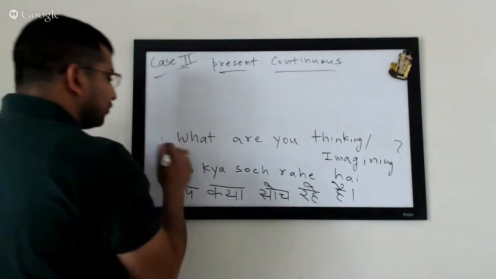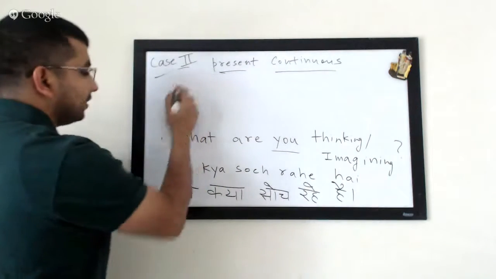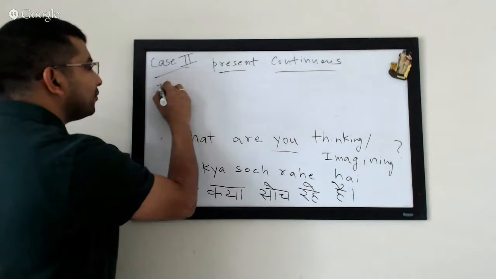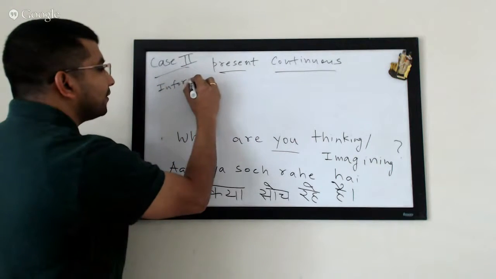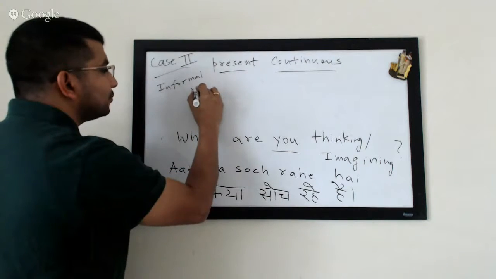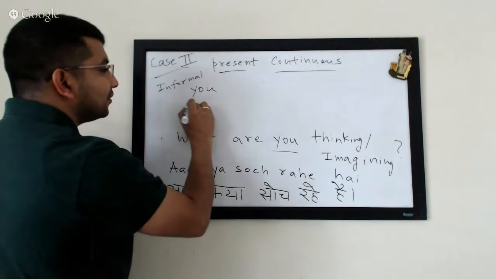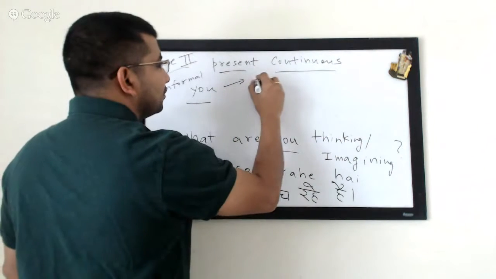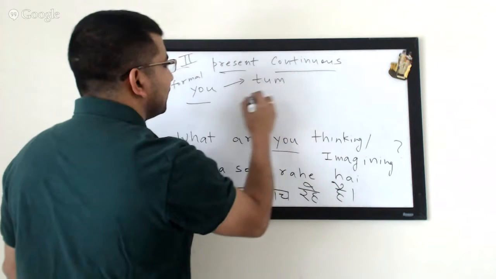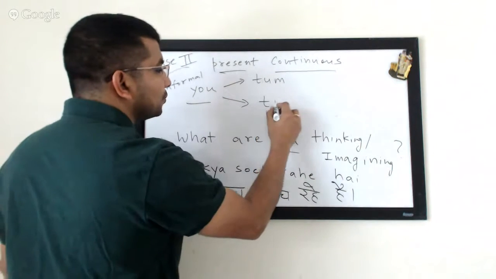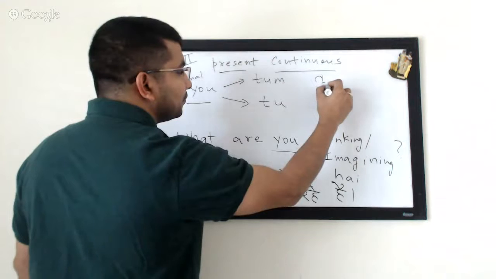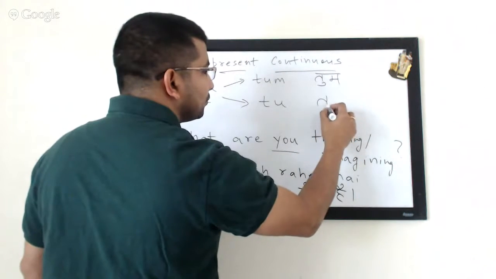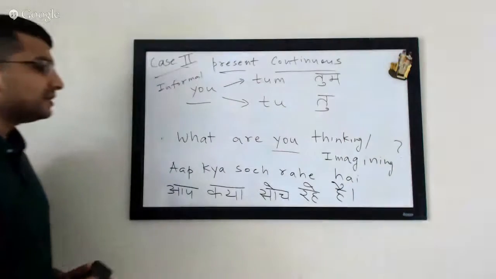Now let's say you want to use the same आप. So this one was formal. Formal आप. Now there are two other informal आप, or informal you. Do you recall those two? First one is तुम. The second one is तू. So you have तुम and then you have a तू. Now the next one is the same sentence.